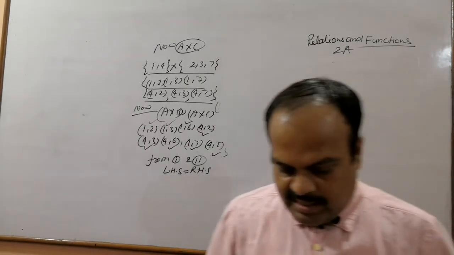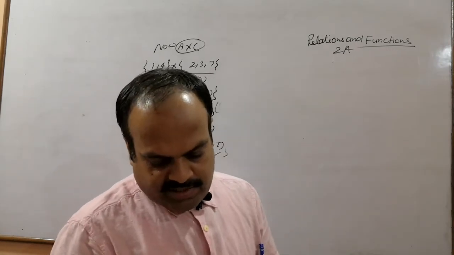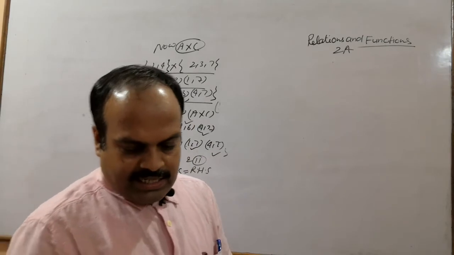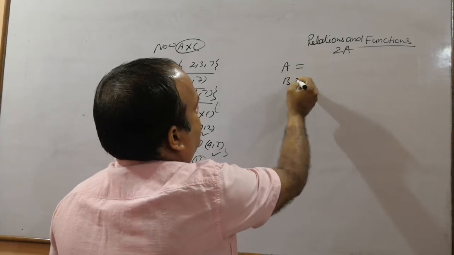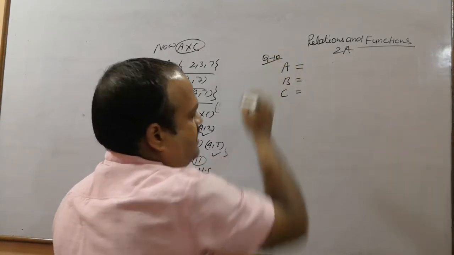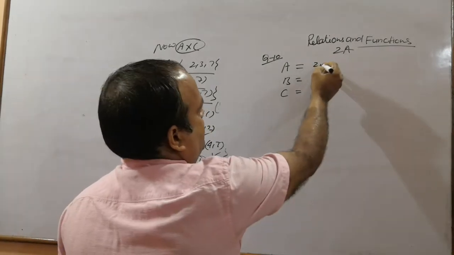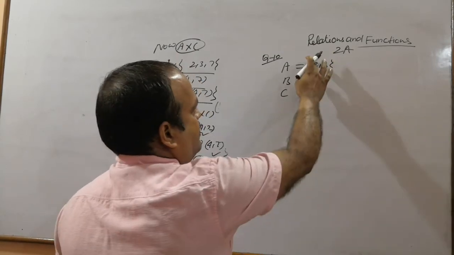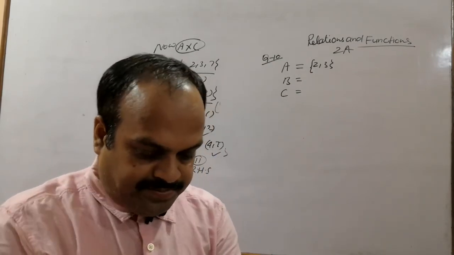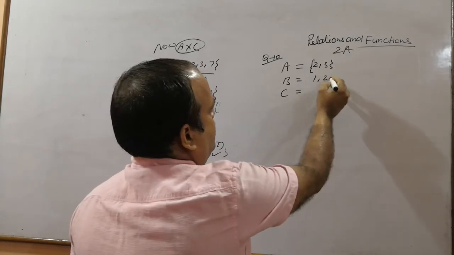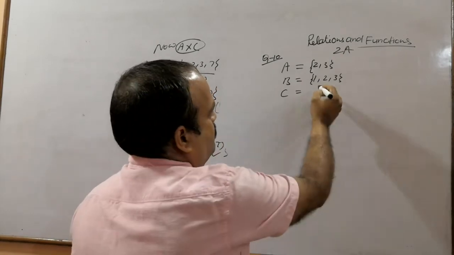In question 10, we have three sets A, B and C. A is {2, 3}, B is {1, 2, 3}, C is {2, 3, 4}.